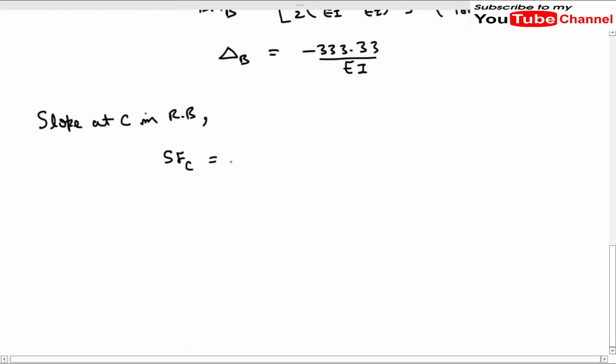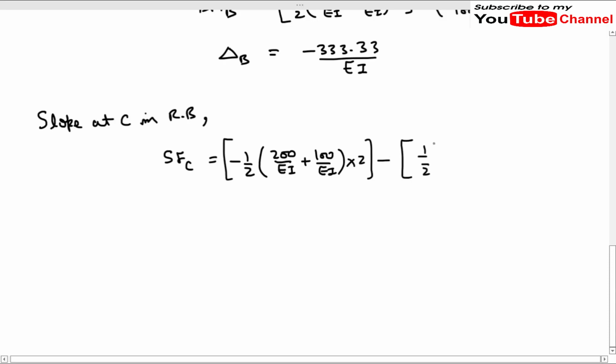The area of the trapezoid will be minus 1 by 2, where the first ordinate is 200 divided by EI, the second ordinate is 100 divided by EI, and the length of the segment AB is 2 meters. The other one is 1 by 2 into 200 by EI into 2.